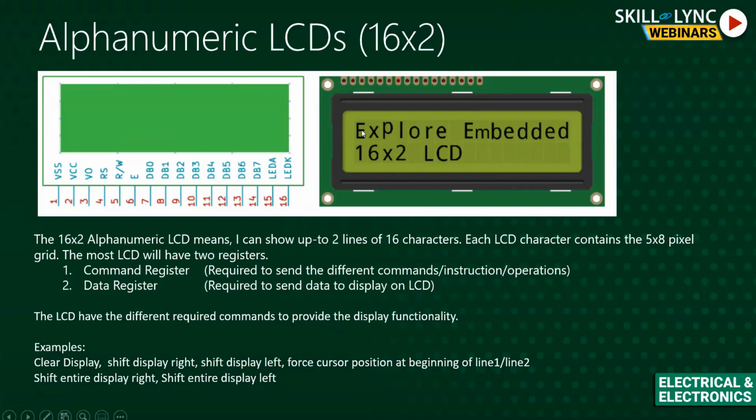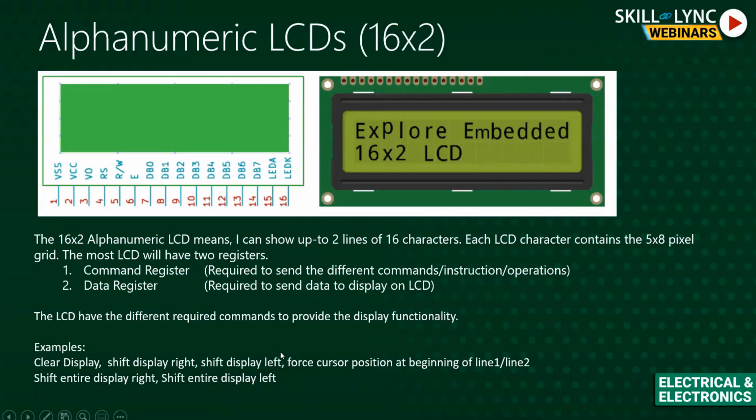I need to select that line first, and for that we have a different command. If I need to select line 2, I have a separate command for that also. So basically each line and digit position will have a specific command or address. I will show you in the next slide what the different things are.